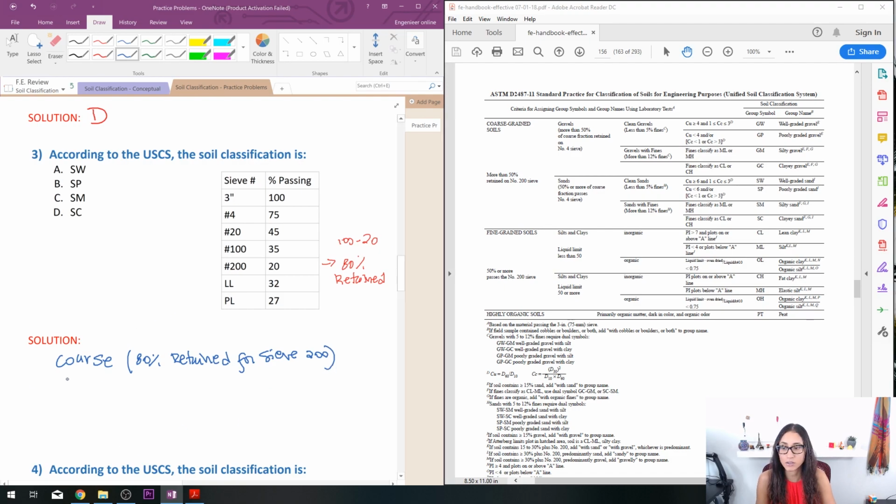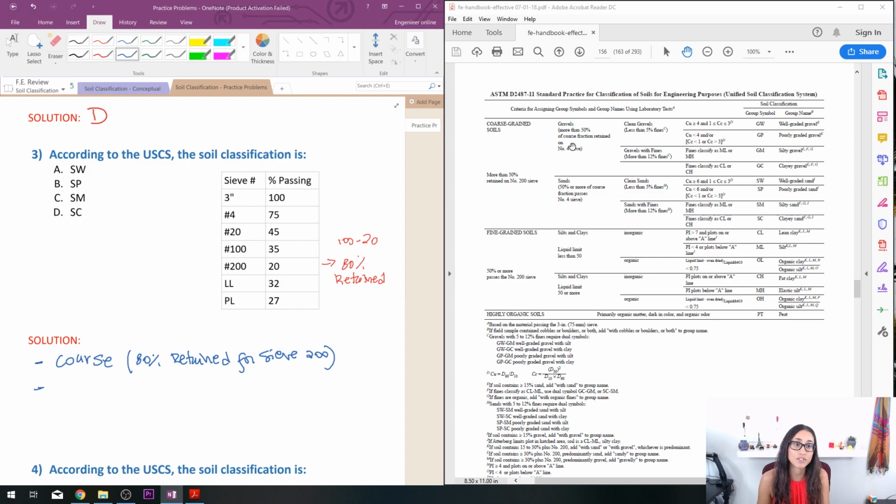Okay, so the next thing we're going to look at is sieve number 4. That's because it's going to classify our soil as either gravel or sand. For my number 4, I have 75% that passes sieve number 4.